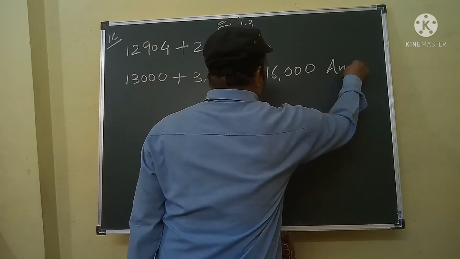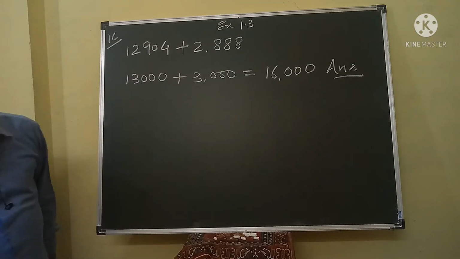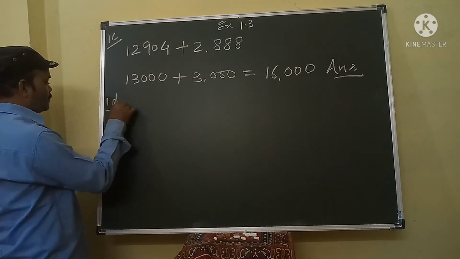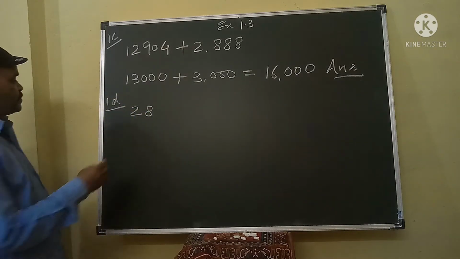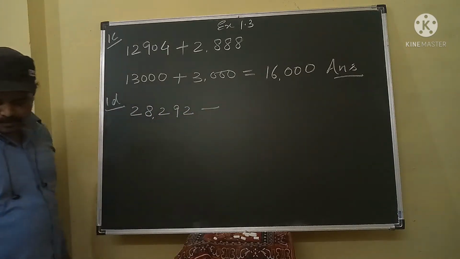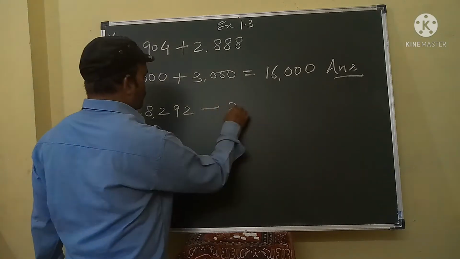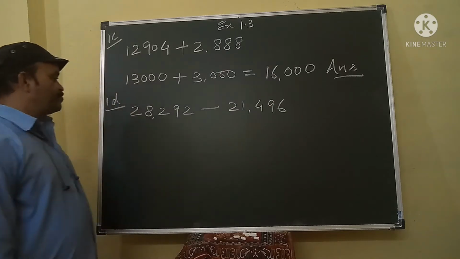You have one more question. Question number 1D. 28,292 minus 21,496.